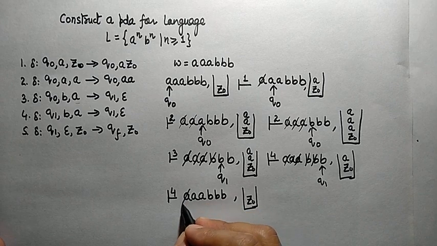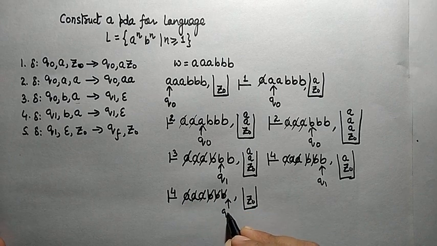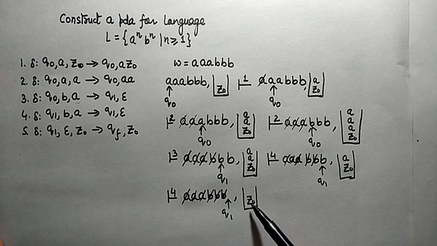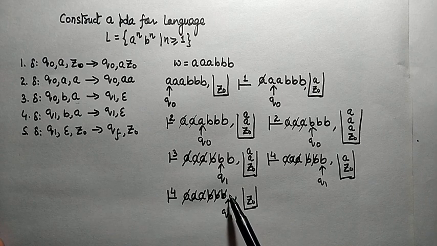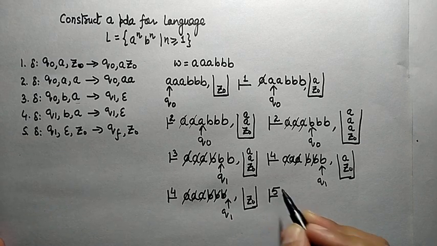So all symbols of this string have been read now. So we will be here like this. Q1 null Z0. This null indicates the end of the string. So Q1 null Z0, rule number 5 will be applied.